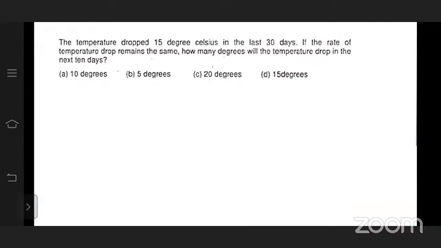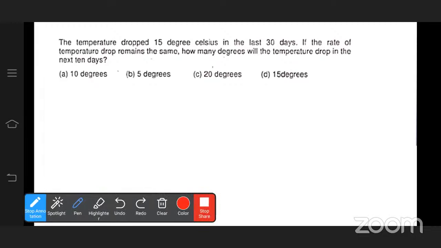If the rate of temperature drop remains the same, how many degrees will the temperature drop in the next 10 days? Okay, listen. They have given us that the temperature dropped 15 degrees Celsius for 30 days.